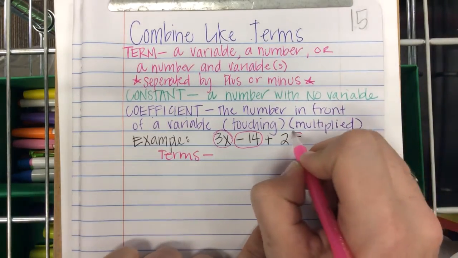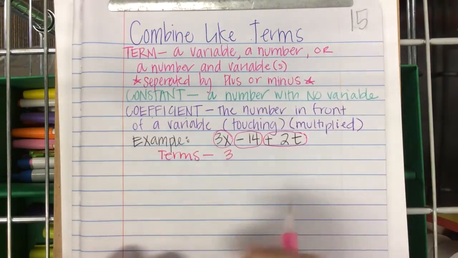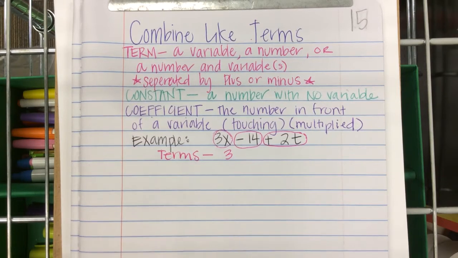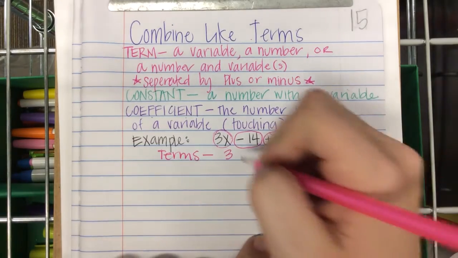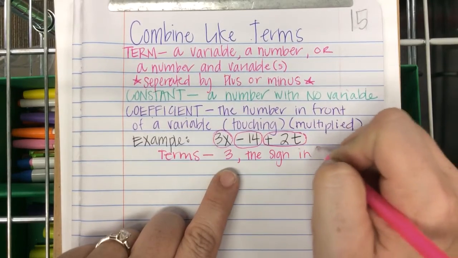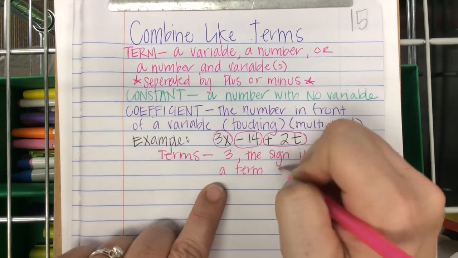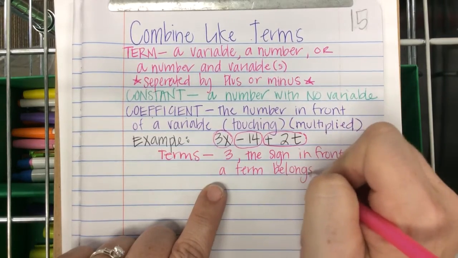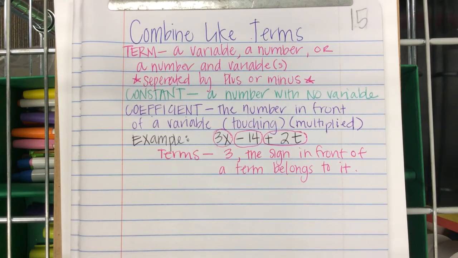And here's the last term. How many terms are there? There are 3. In this problem, there are 3 terms. The sign in front of a term belongs to it. So that minus sign belongs to the 14.